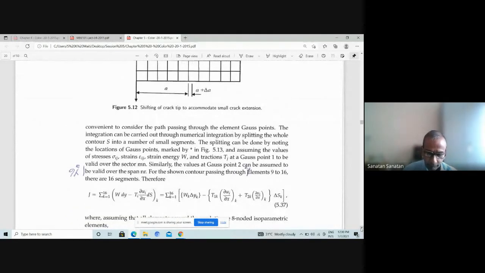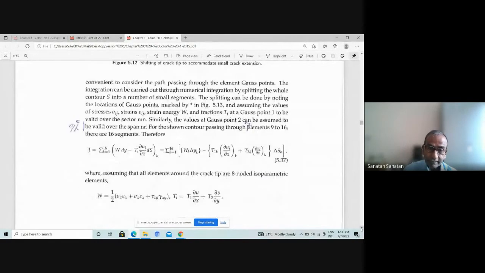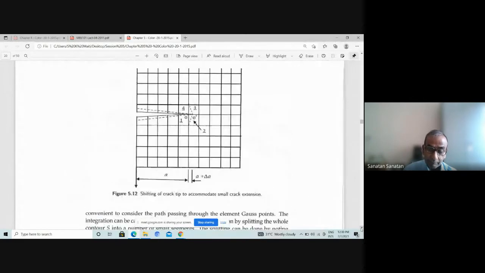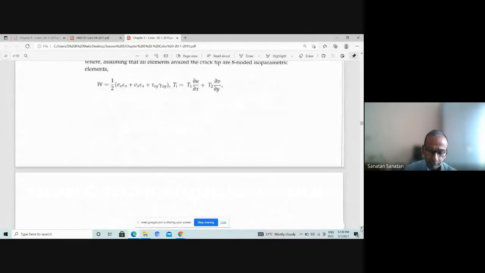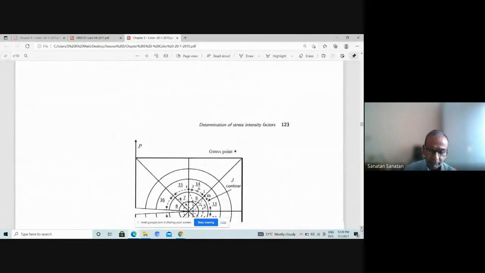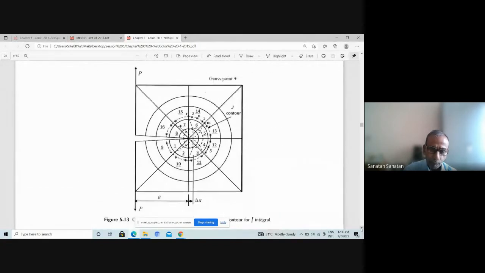Now your evaluation of J has got to be done along a contour joining 2 points on the crack faces. So if somebody is interested in evaluating J for this problem, he has to consider a contour starting from, let's say, this bottom point. In this case, that contour is shown by a dotted line.